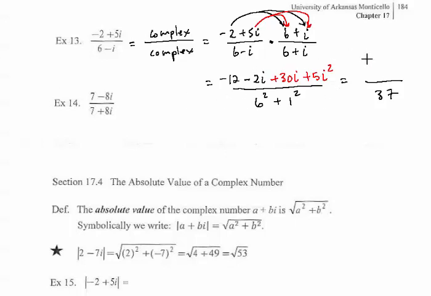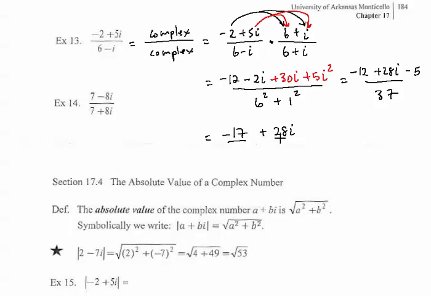We can simplify the top to a negative 12, a plus 28i, and a minus 5. Because the i squared is negative 1, this becomes a negative 5. Now the negative 5 can be combined with the negative 12 to give us a negative 17. Our imaginary part 28i.